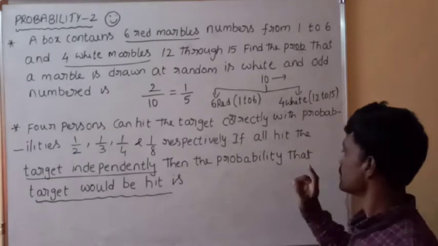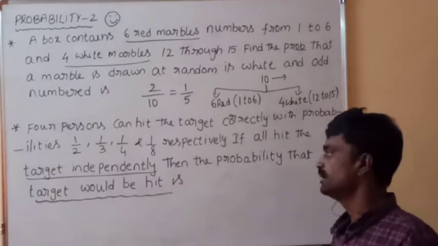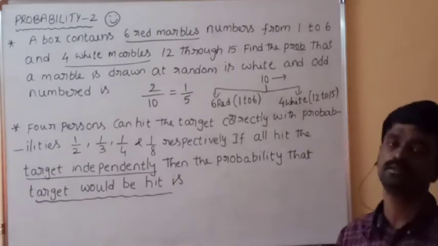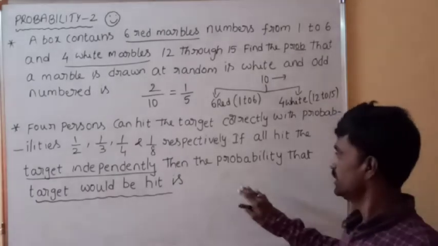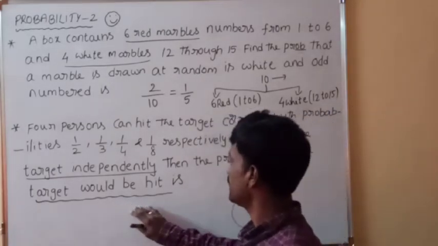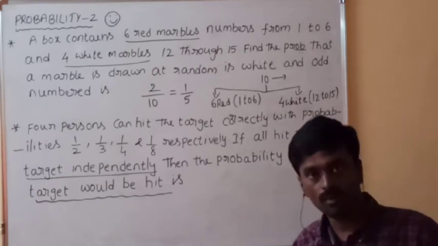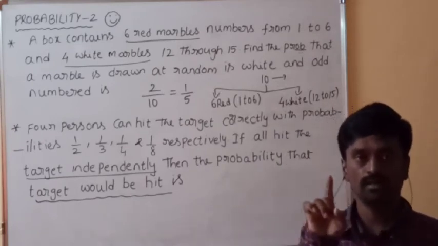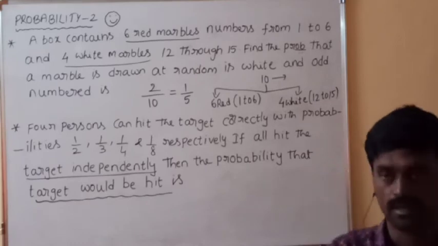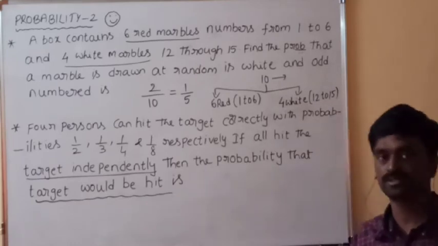And finally, the question is the probability that the target would be hit. That means if at least one person hits the target, then this event will happen.